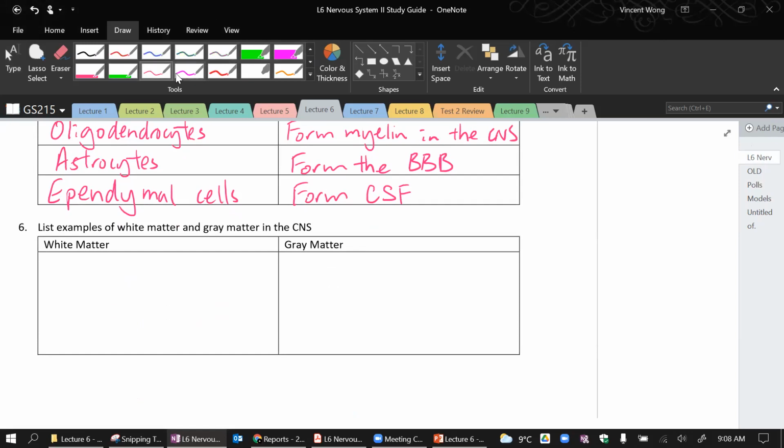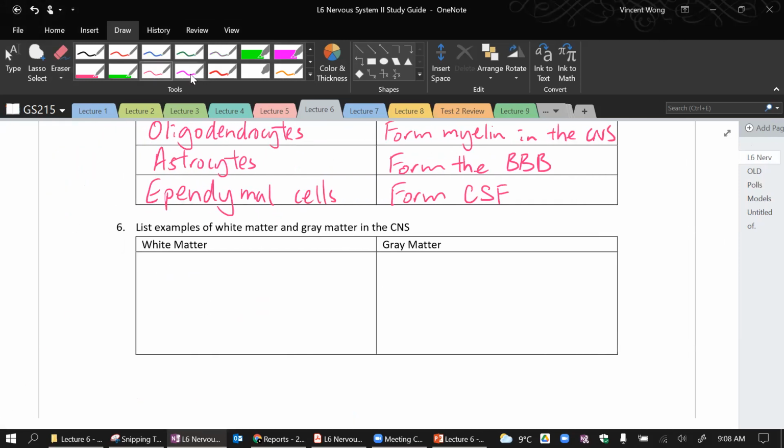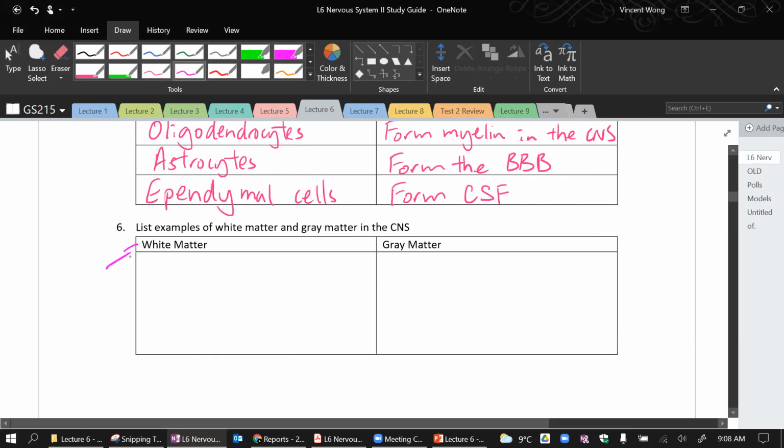Right. So you probably have heard of white matter and gray matter before, but let's quickly refresh your memory. White matter, basically, they are white because it contains myelinated axons.